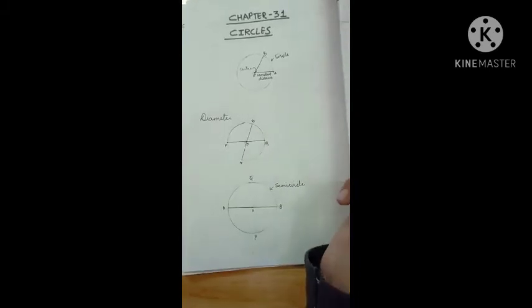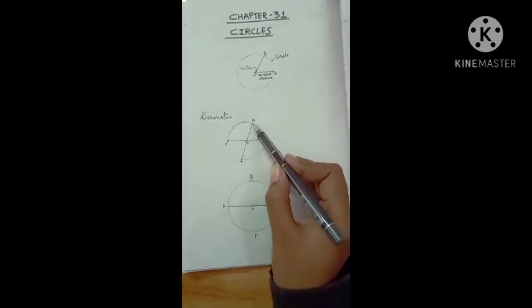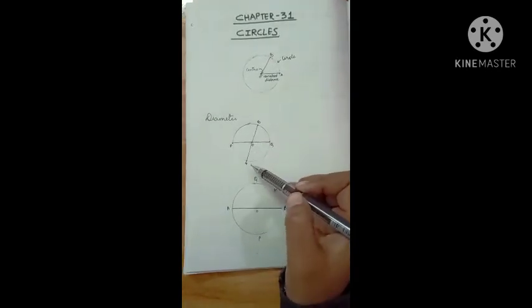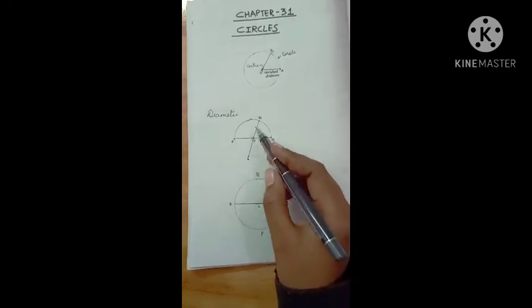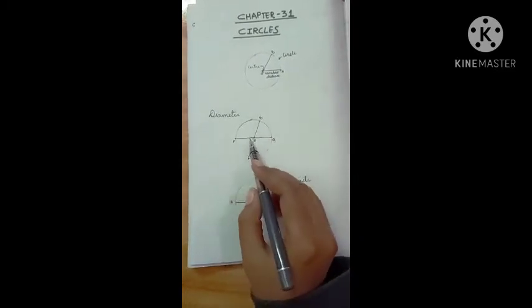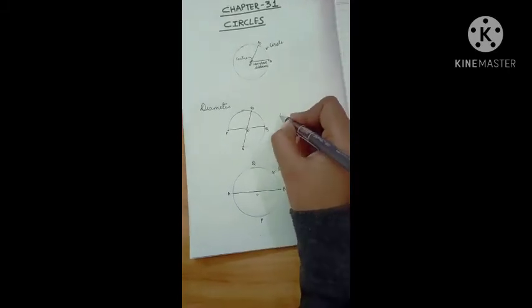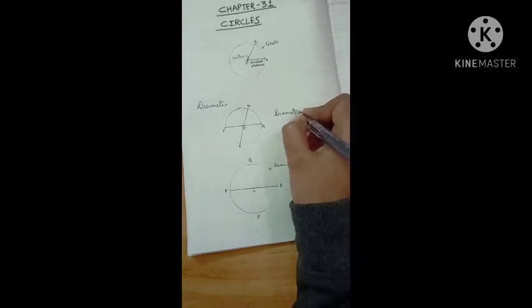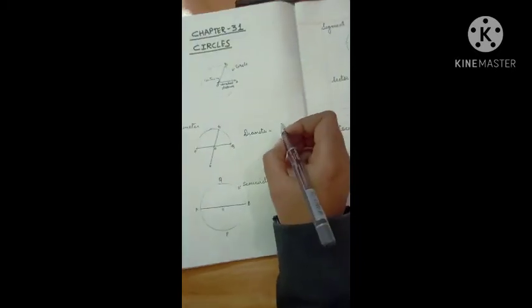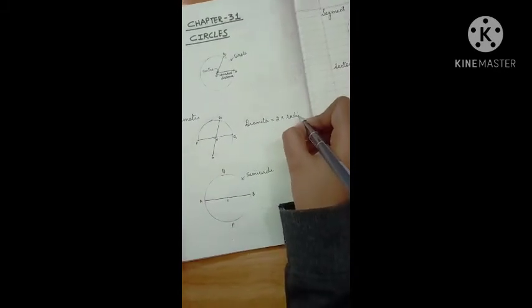So here AOB is the diameter, POQ is the diameter, and diameter is just double its radius. So diameter is equal to 2 multiplied by radius.